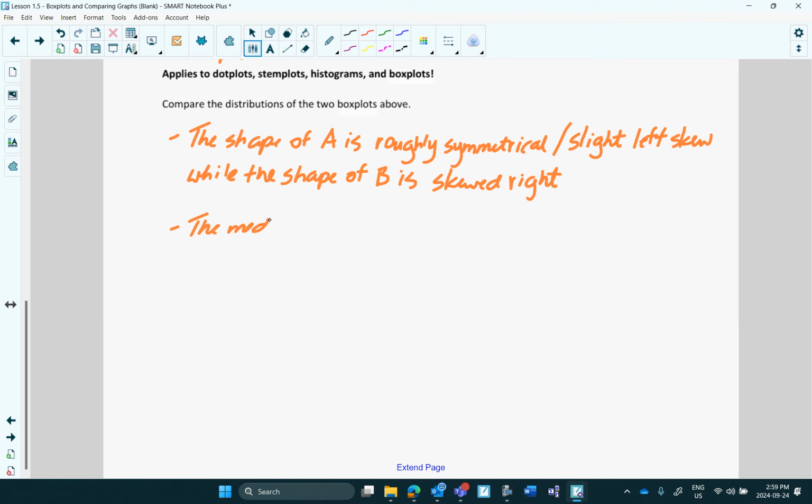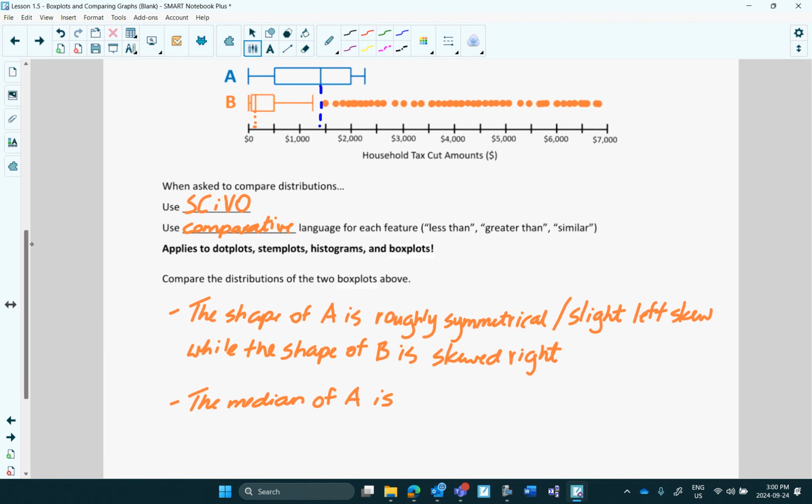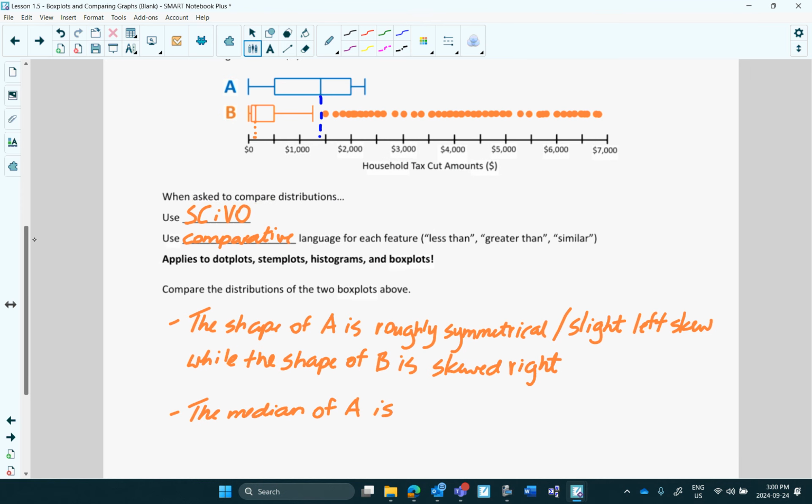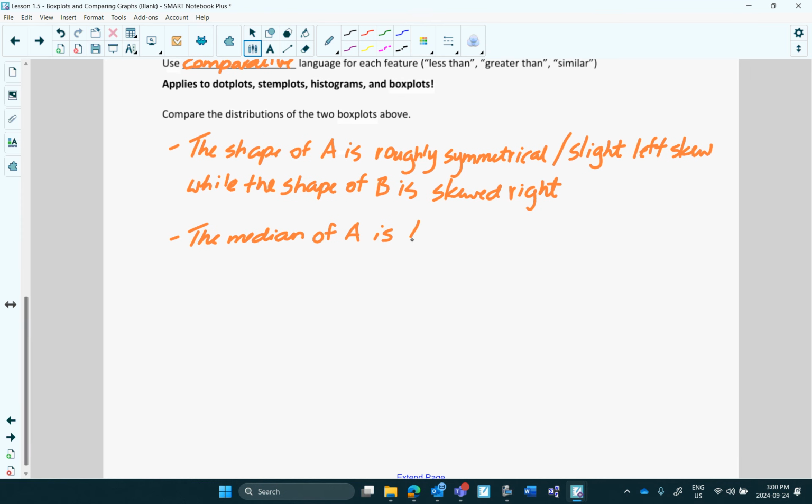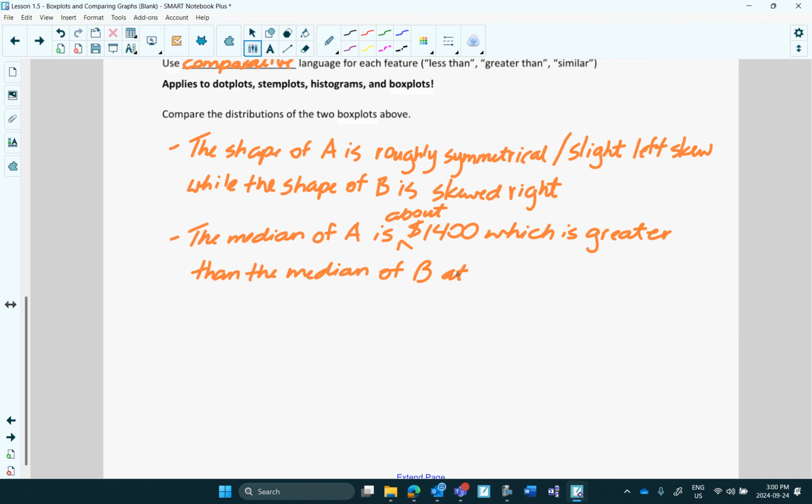The median of A is, and we said it was about 1400, which is greater than the median of B at about $200.